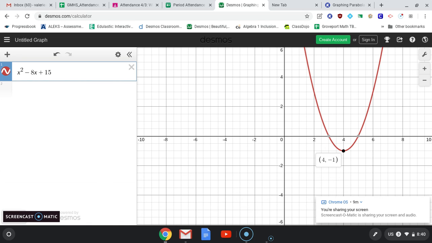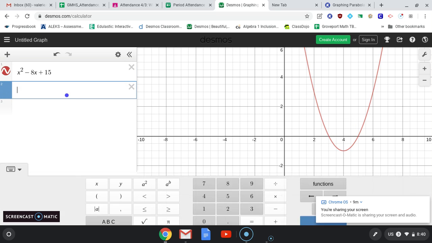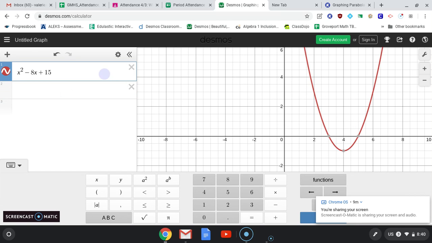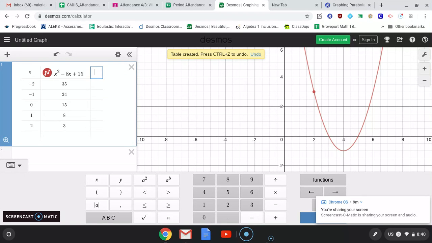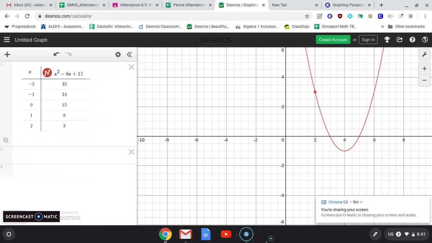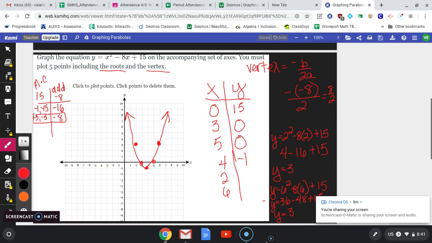We got those points the same as we just did. If I want the specific points, I can hit the table up there. Pretty cool, right? So Desmos actually does it for you. But we also need to know how to do it this way.